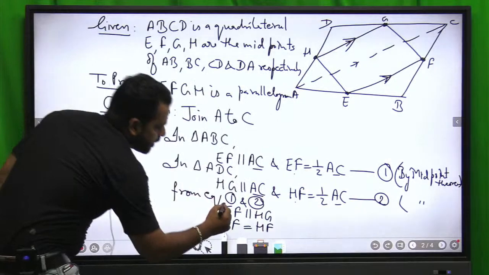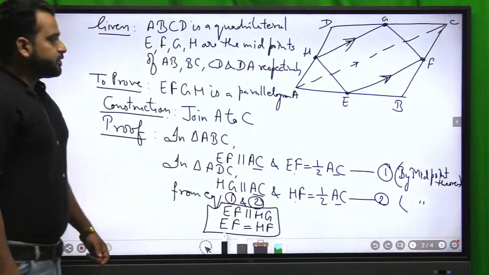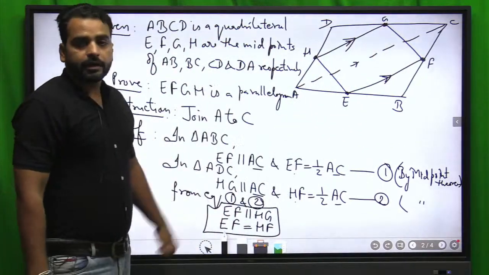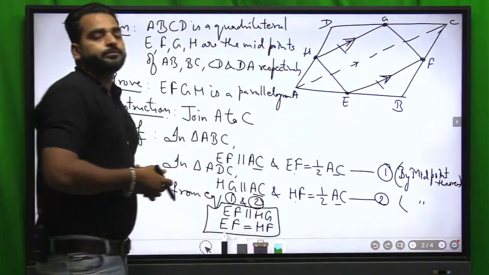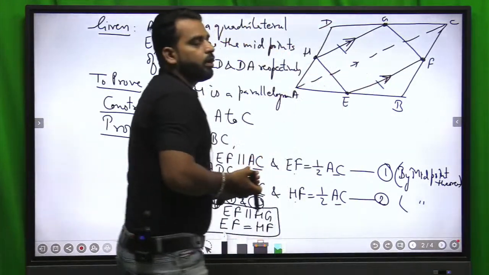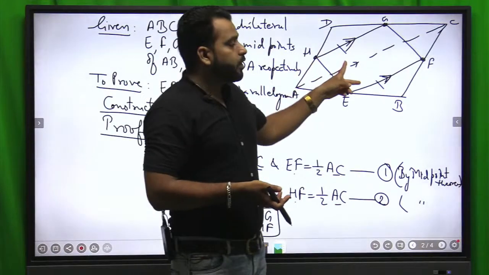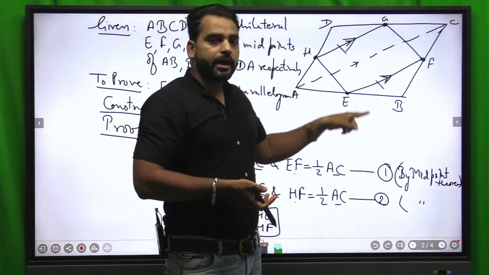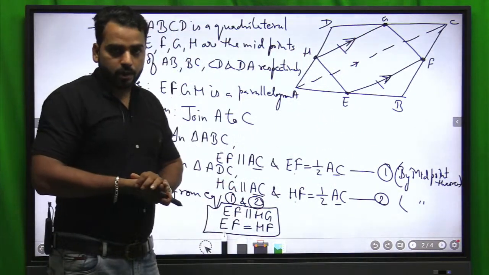Now look at this observation carefully. We get to know that EF and GH are parallel as well as equal. So what I said in the starting: if only one pair of opposite lines is parallel as well as equal, then the figure will be a parallelogram.